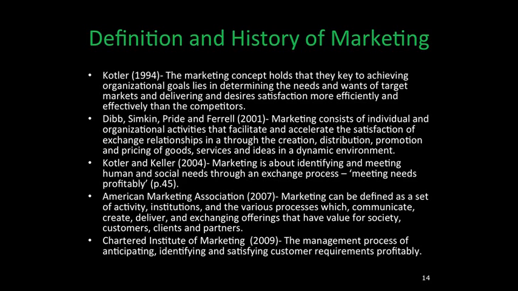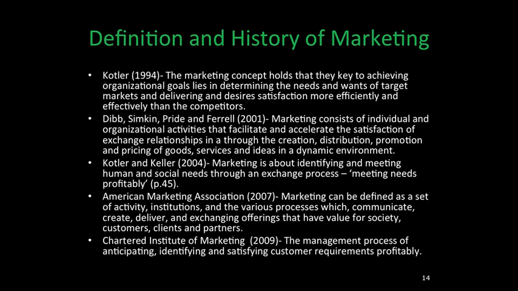Dib, Simkin, Pride and Ferrell in 2001 state that marketing consists of individual and organisational activities that facilitate and accelerate the satisfaction of exchange relationships through the creation, distribution, promotion and pricing of goods, services and ideas in a dynamic environment.